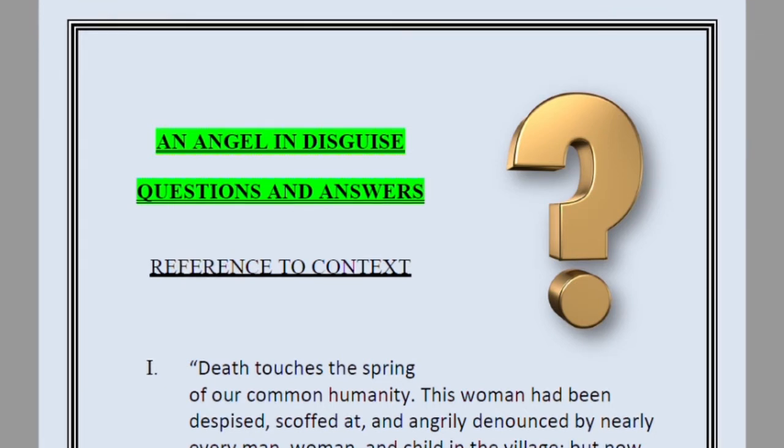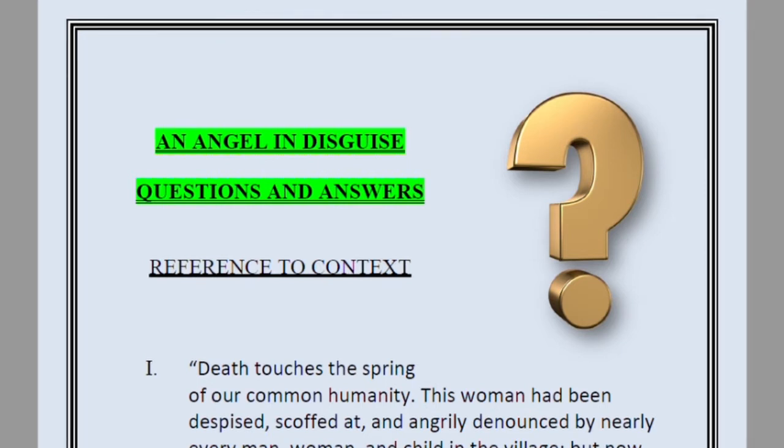I have made it in the form of reference to context, and you can write it down in your copies if you want to, because these are very important. If this chapter comes in your exam, at least 1 or 2 questions from these will be coming. You can write down as I read it, or you can pause the video, copy it from here, and then move on to the next portion of the video. Okay, so let's start.